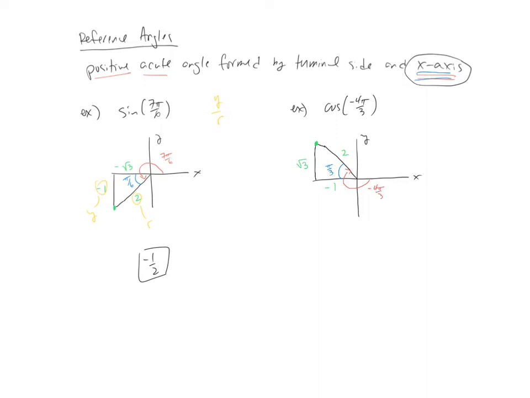The hypotenuse is considered a distance, always being positive, so the hypotenuse will always be positive. It's always going to be the x's and y's that track us to this point, so we have to consider them. So cosine is the ratio of x over r. Here's our x, here's our r. So cosine of negative 4 pi over 3 is going to be negative 1/2.